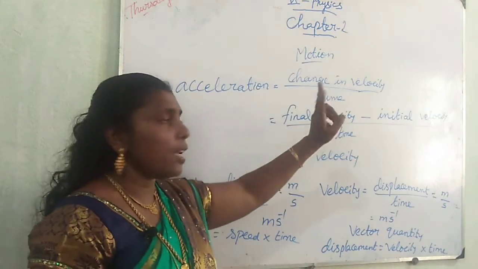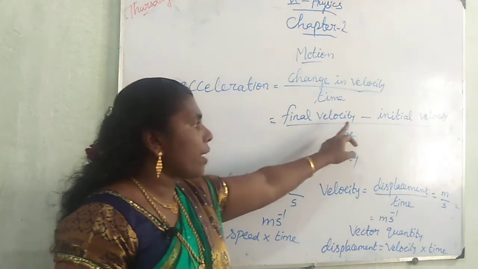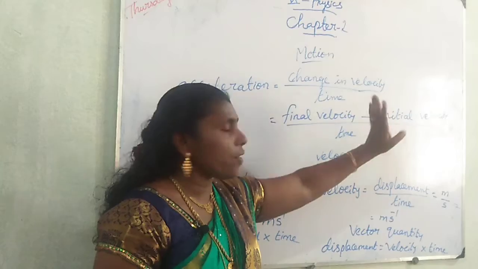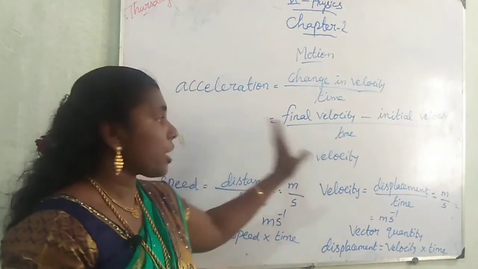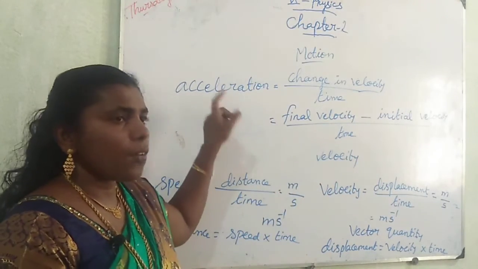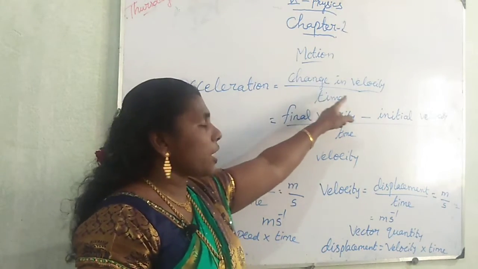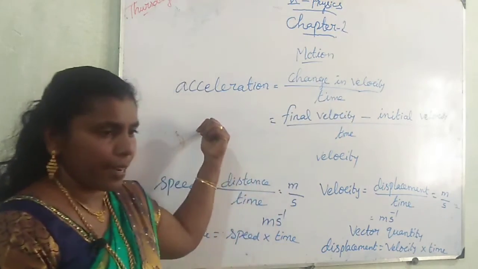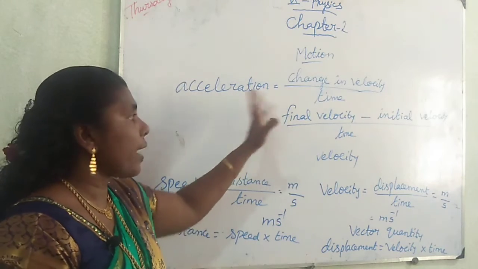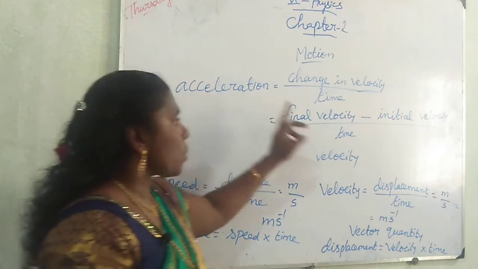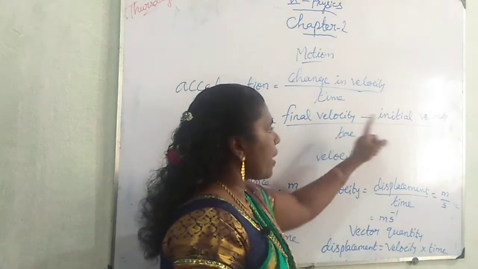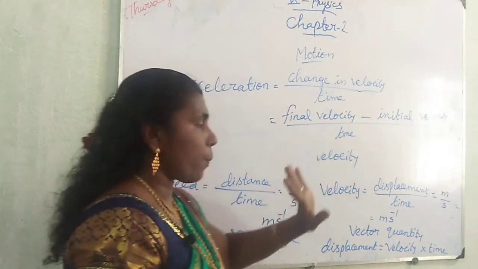Change in velocity, here we have to write final velocity minus initial velocity divided by time, that is acceleration. What is the definition for acceleration? Rate of change of velocity is called acceleration.